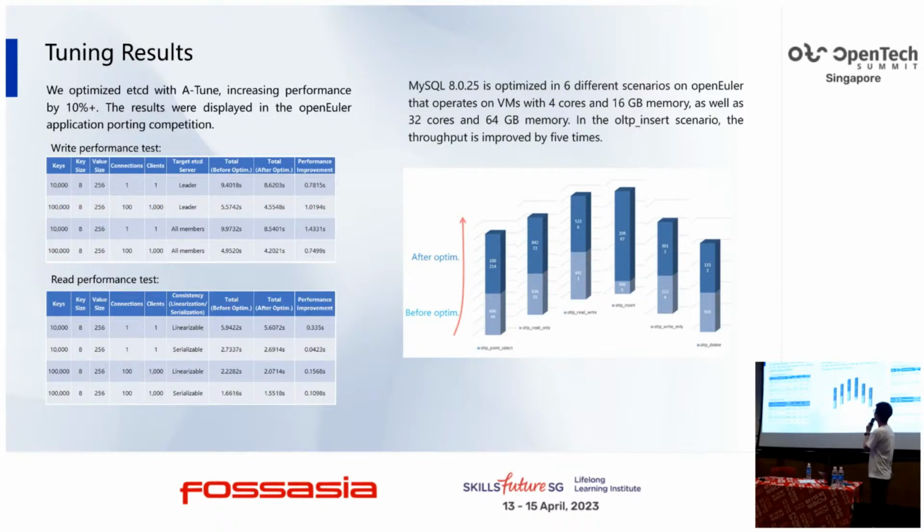MySQL is optimized in 6 different scenarios on openEuler, operating with virtual machines with 4 cores and 60 GB memory, as well as 32 cores and 64 GB memory. In the OLTP insert scenario, the throughput is improved by 5 times.